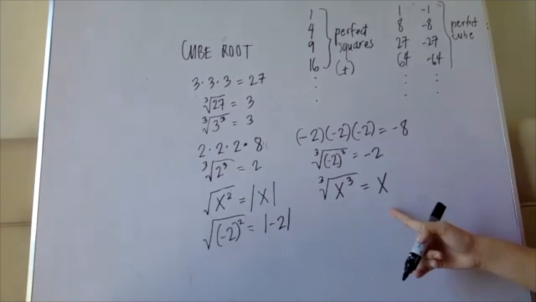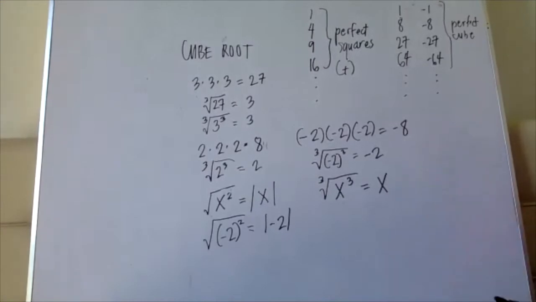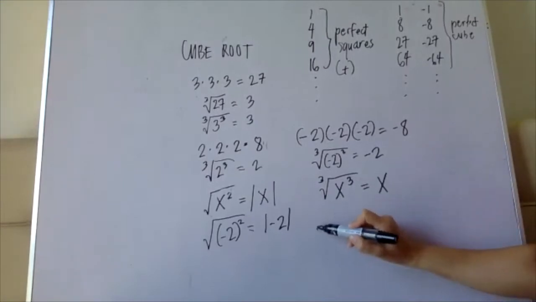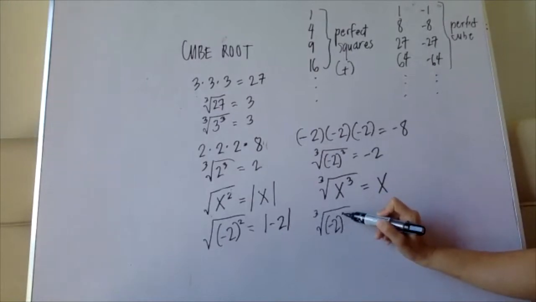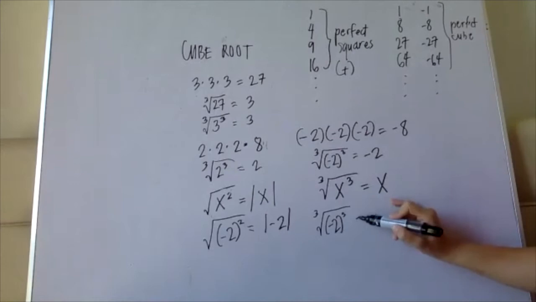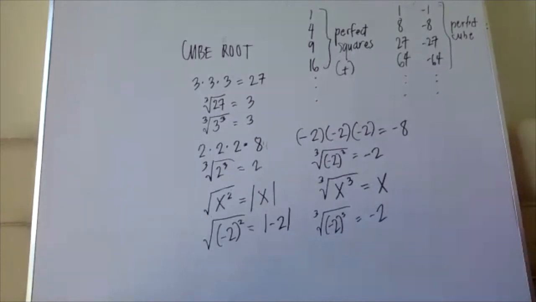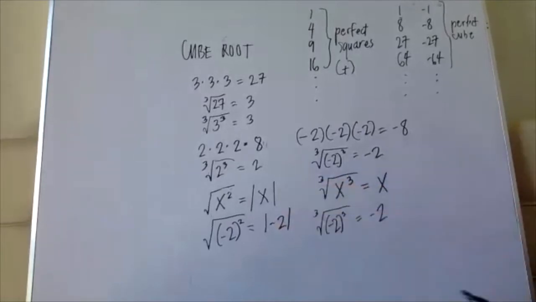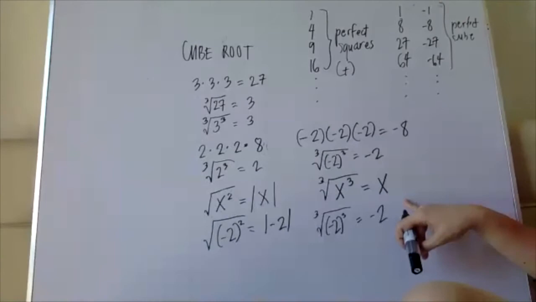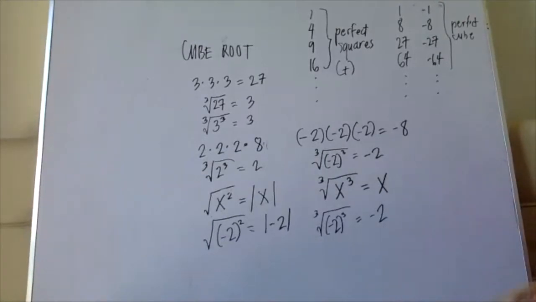So, kaya kapag dito, hindi natin kailangan maglagay ng absolute value. Kasi, if we have cube root of negative 2 cube, ang sagot lang natin dito is also negative 2. Okay? Kinumpare ko lang. Para lang na justify nyo rin kung bakit ito kailangan ng absolute value and this one, hindi.